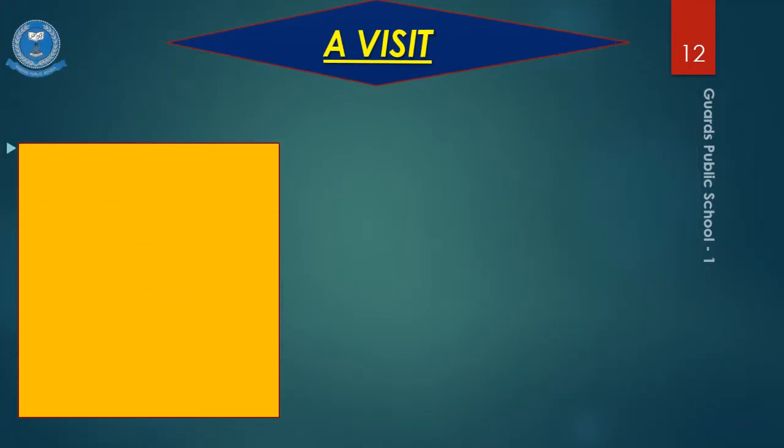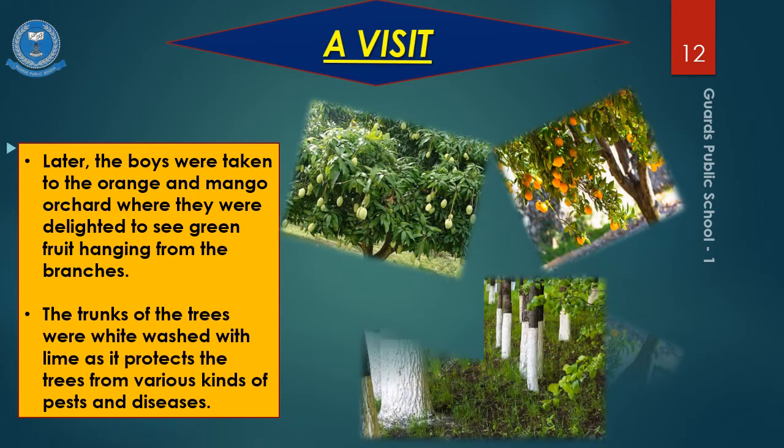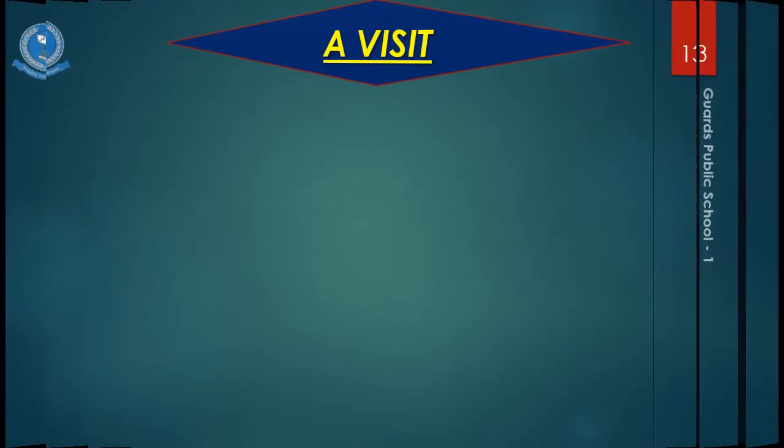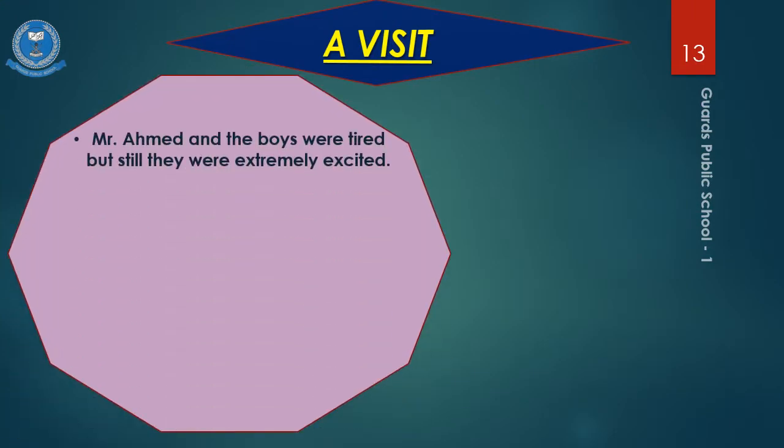Later, the boys were taken to the orange and mango orchard where they were delighted to see green fruit hanging from the branches. The trunks of the trees were whitewashed with lime, as it protects the trees from various kinds of pests and diseases. Mr. Ahmed and the boys were tired, but still they were very excited.